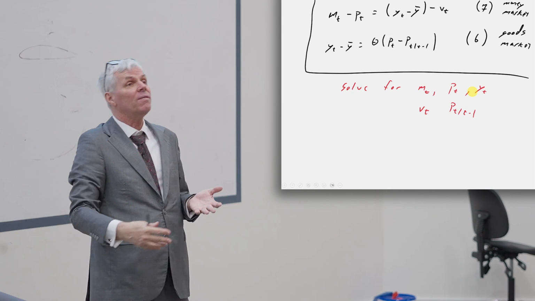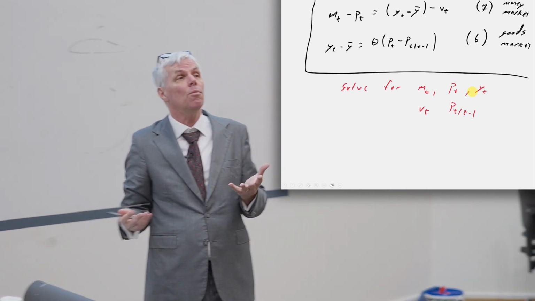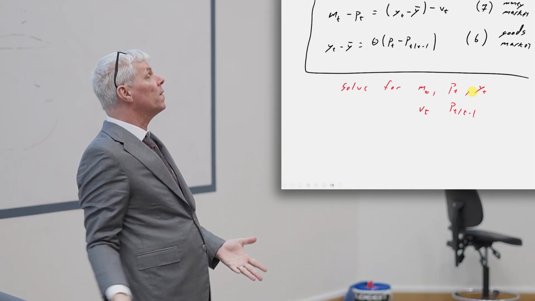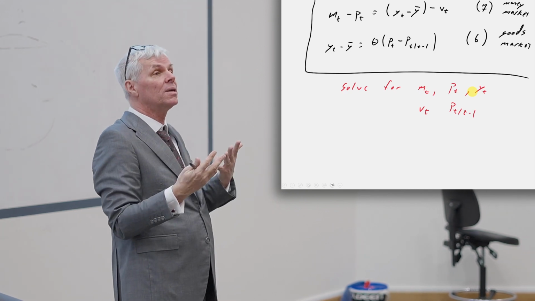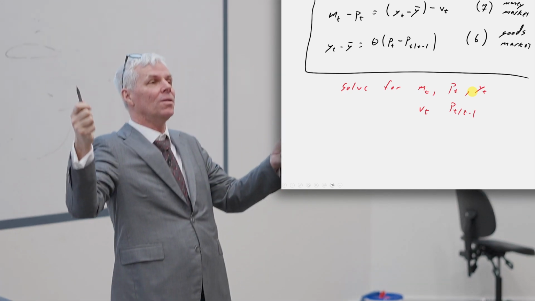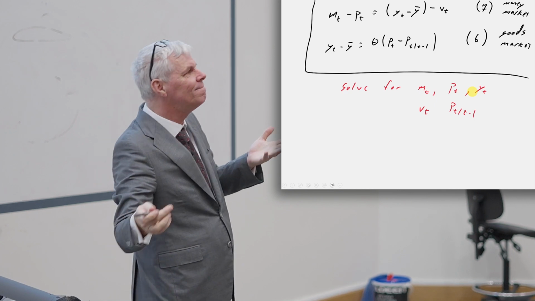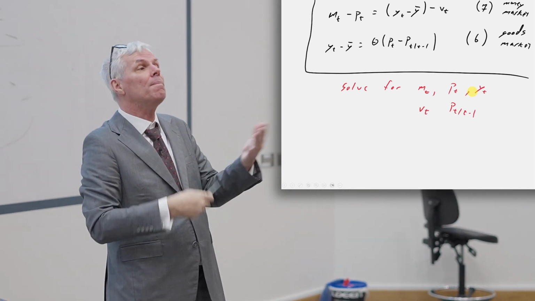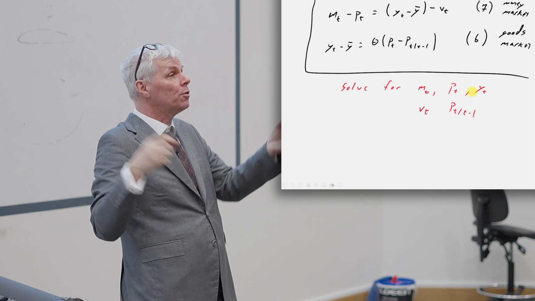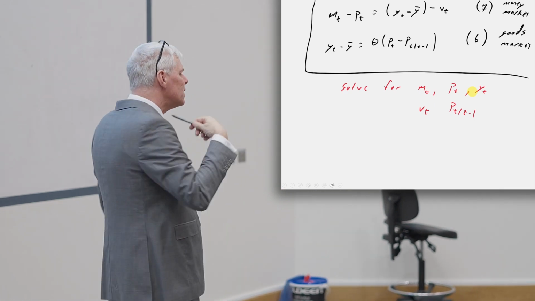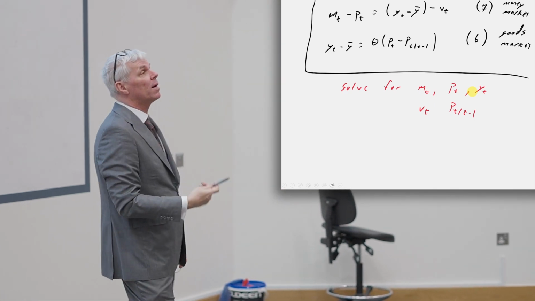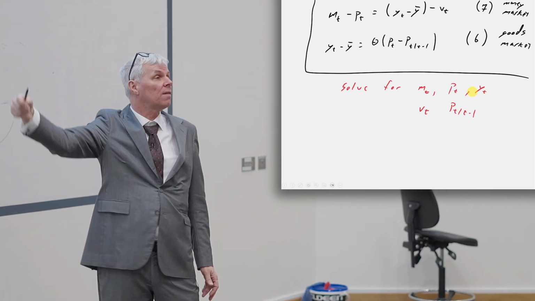So if I didn't specify any more, I could come up with things where these equations were all true together, and I would say I've solved the model. Except there's going to be many, many solutions, because I have so many variables to play with. And so there's not really enough information in this model to determine all of this at once.